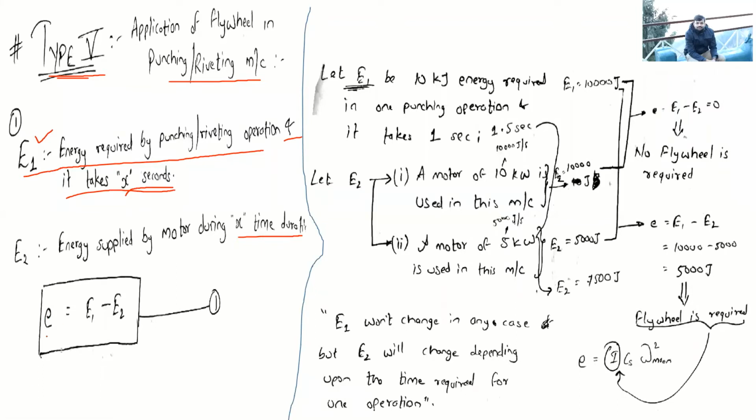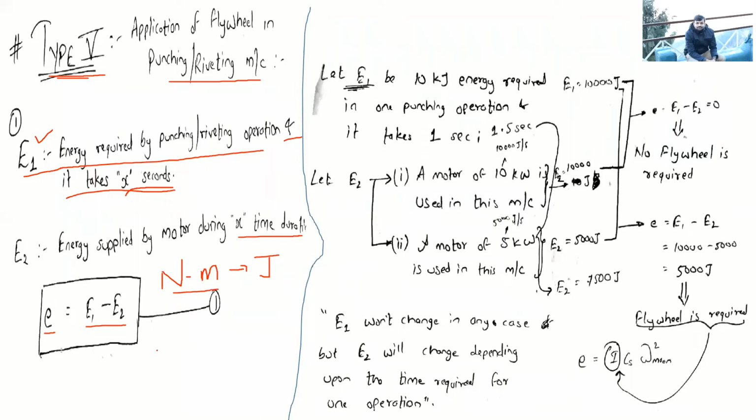The fluctuation of energy is denoted by small e, and it will be nothing but E1 minus E2. One very basic thing I want you all to understand: the unit of energy is joules, and the joule is made of Newton meter.